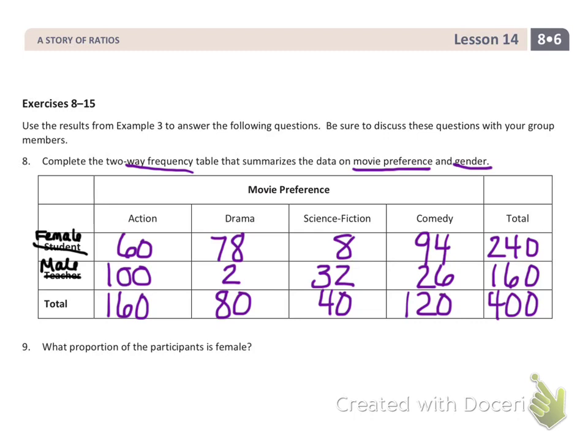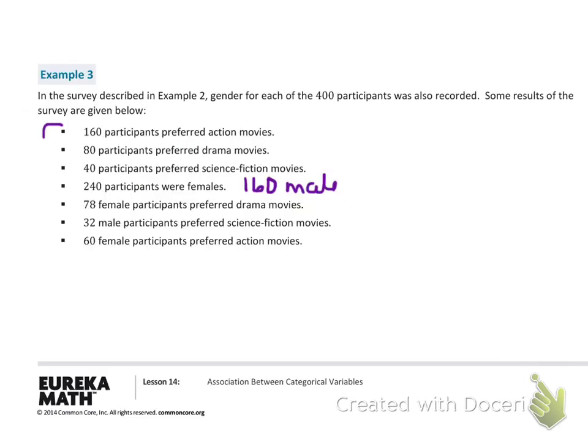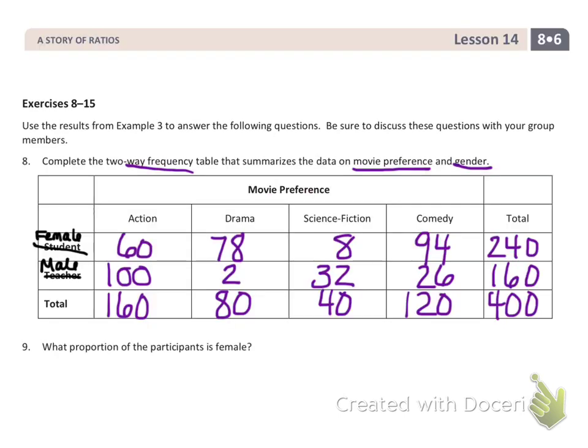You had to do a little bit of critical thinking to fill in every cell, but all the information was given that you needed right here. You just sometimes had to do a little subtracting to figure it out. Okay, so what proportion of the participants is female?